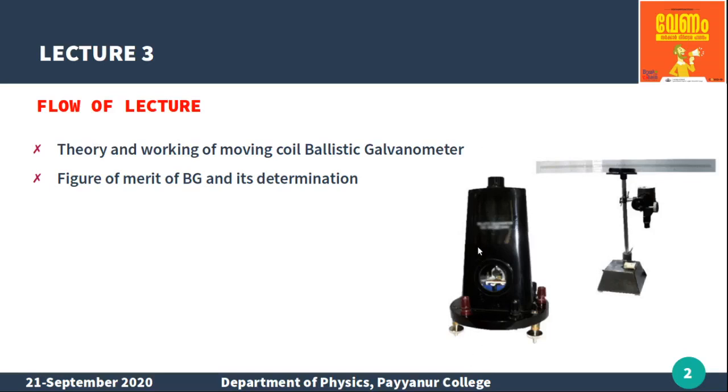You can see that the setup includes this box type instrument, like a box in a case, and it has a level screw and all. Along with that, we have a scale and a light arrangement. Both are needed for the measurement using this ballistic galvanometer.